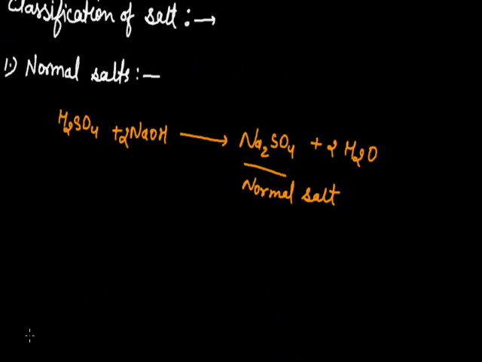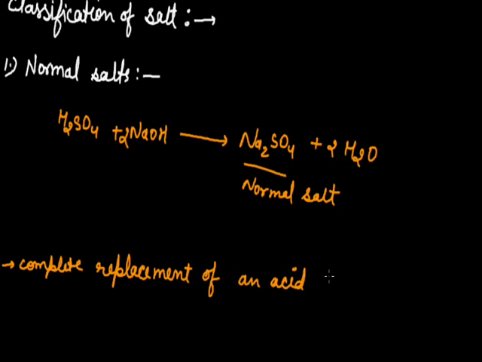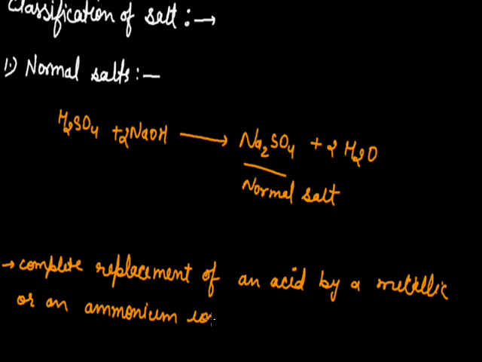So it is the necessary condition, and the second necessary condition is complete replacement of ionizable hydrogen atoms of an acid by a metallic or an ammonium ion are known as normal salts.